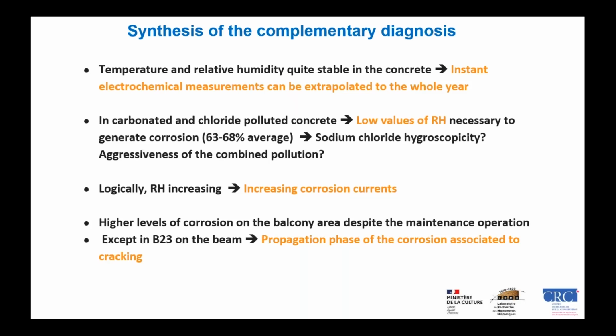So the synthesis of the complementary diagnosis was that we had a propagation phase of the corrosion, which was associated with cracking ongoing in some parts of the villa. So the corrosion was still very active.